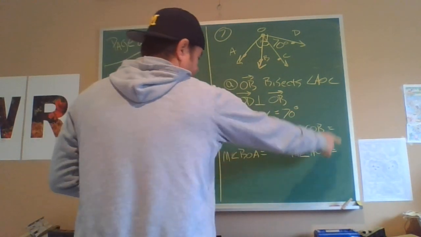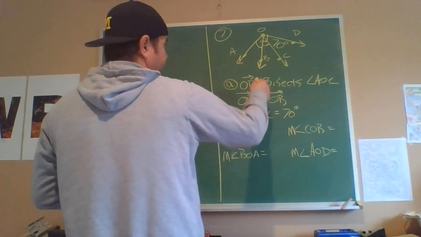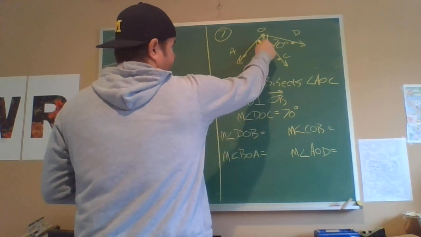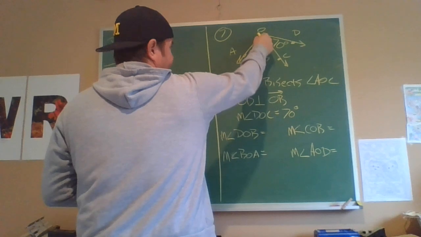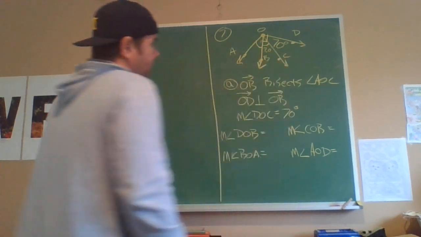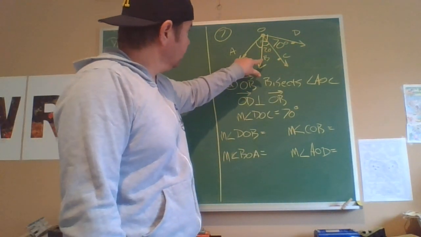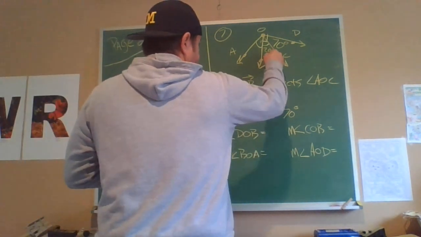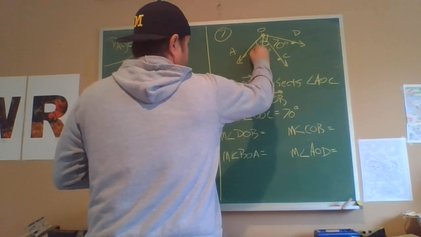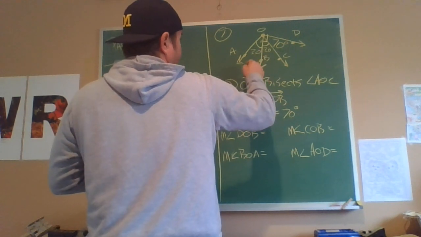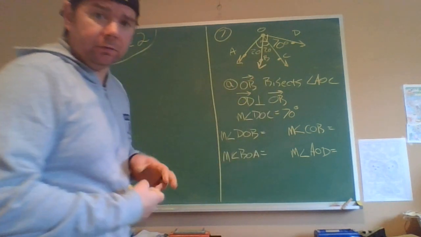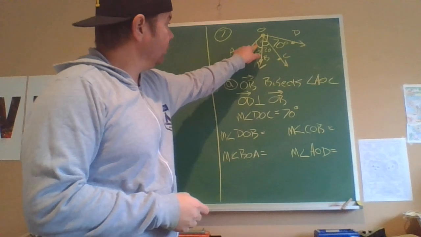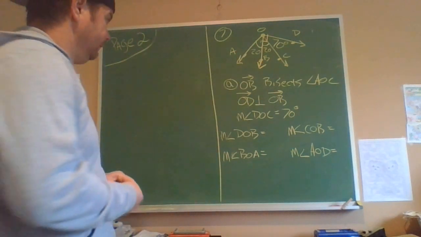I don't even know what these are going to ask, but I can see what's going to happen here. Since that's a 90-degree angle, and this piece of it is 70, then the remaining bit, BOC, must be equal to 20. And if BOC is equal to 20, then AOB is also equal to 20, since, as we said before, those two angles are congruent.